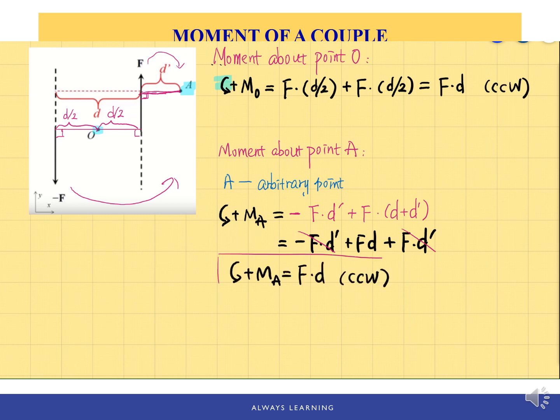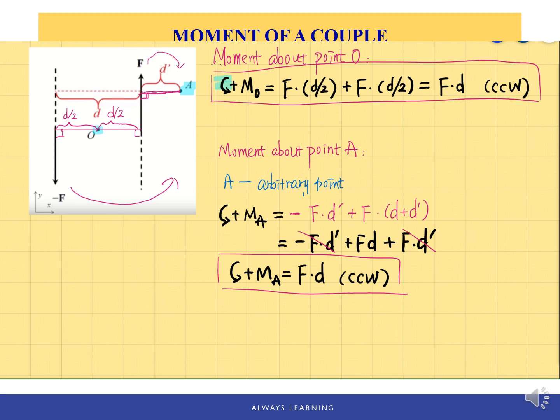So this tells us a couple moment doesn't depend on the reference point, O or A. No matter which point you choose, the couple moment will always create the same rotational effect, and the magnitude is always the force times the distance d, where d is the distance between the two forces.